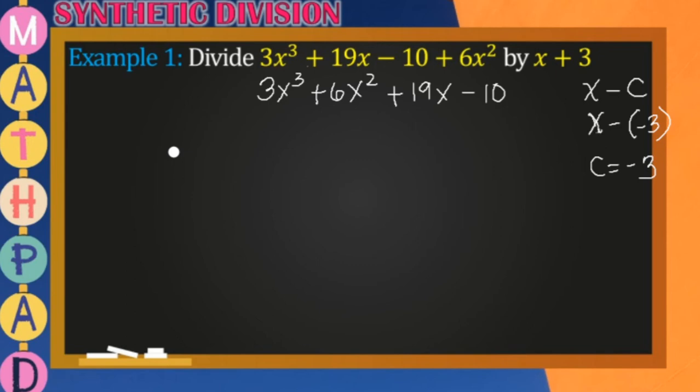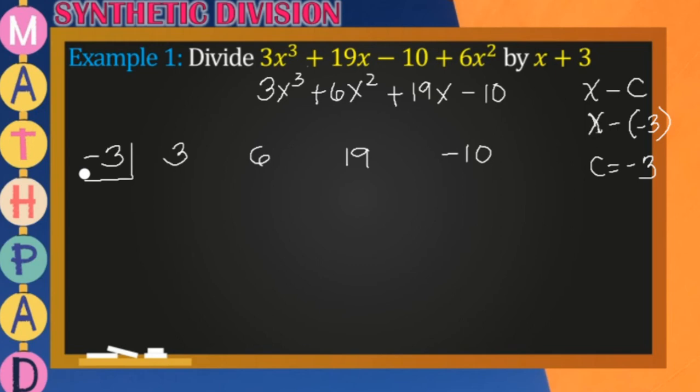Next is 19. Next is negative 10. And then, yung C natin, isusulat natin dito. So, yung negative 3. So, actually, hindi nyo na kailangan ipakita yung solution na to. Okay? Kapag nakita nyo na plus tayo dito, ibig sabihin negative 3. Okay? Kapag minus ang operation, positive 3. Okay? So, kahit hindi na natin ipakita yung solution na ganito.